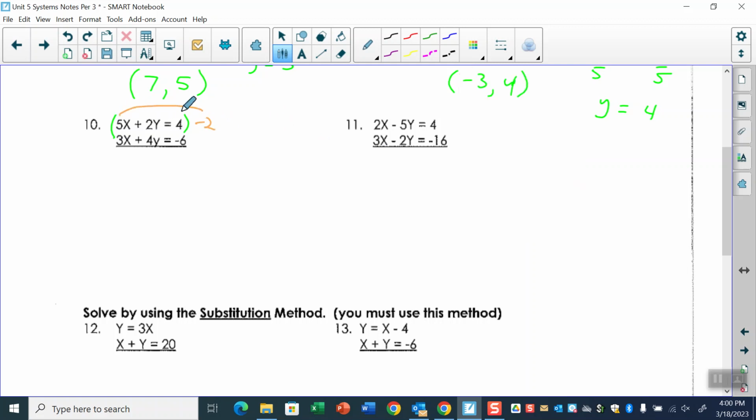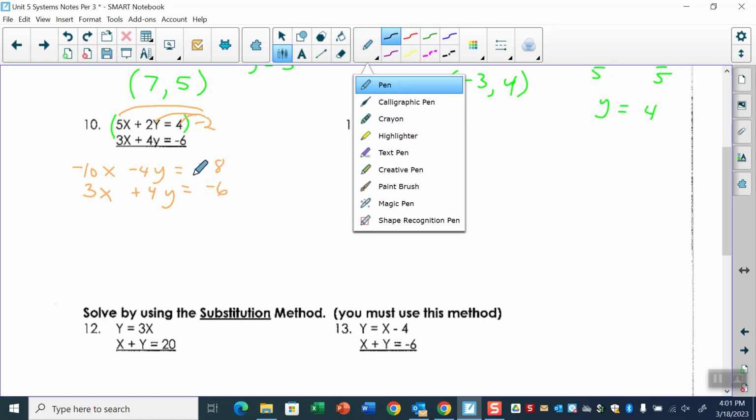I distribute that, I multiply everything by negative 2. So that would give me negative 10x, negative 4y, and then negative 8. And I'll leave this one the same. So I have 3x plus 4y equals negative 6.